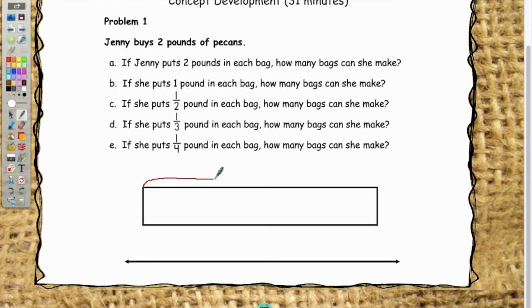How many total pecans do I have? 2. How many will be in each bag? 2. So how many bags do I have? 2. Let me write this. 2 divided by 2. 1 bag. Very good. Okay? So that's why my numbers match, because this tape diagram represents the 1 bag.